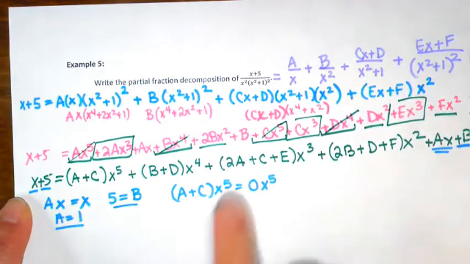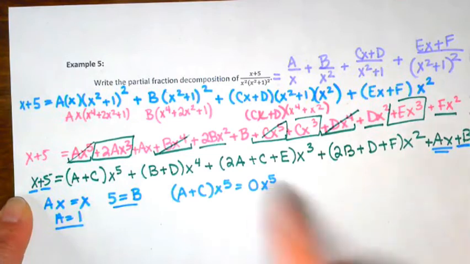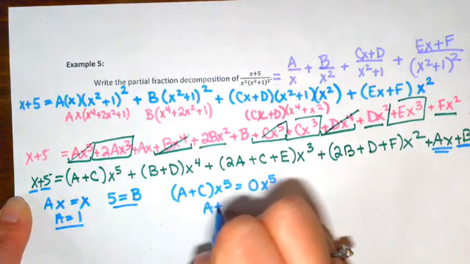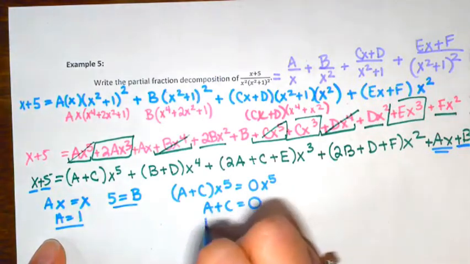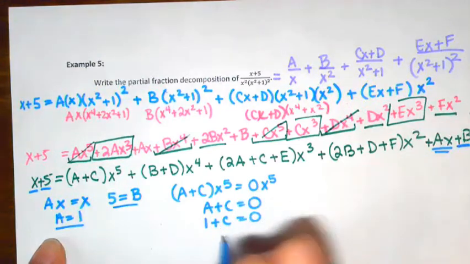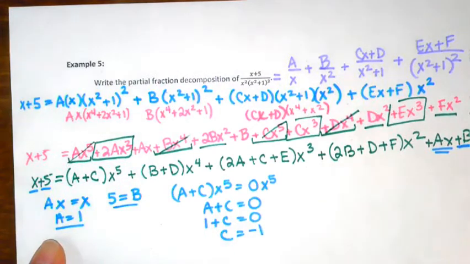Yes. So what happens to these x to the fifths? They cancel out. So then I have a plus c equals 0. And what does a equal? 1. So 1 plus c equals 0. So what does c equal? -1. So now we know what a, b, and c are.